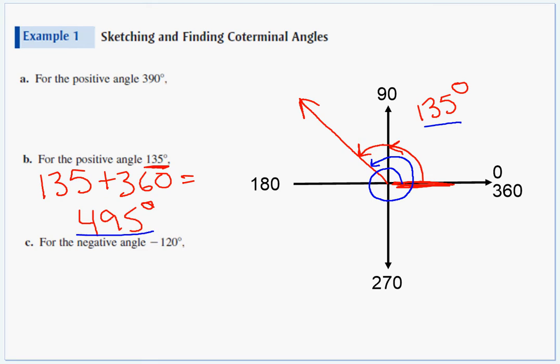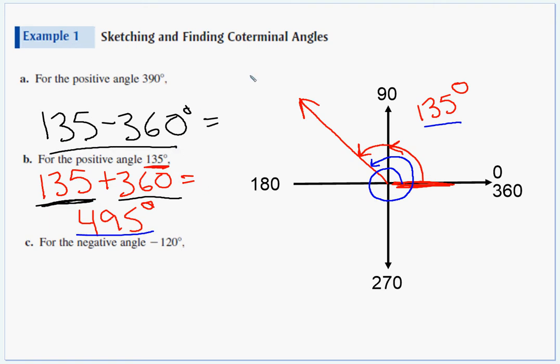Now let's find a negative coterminal. I'm going to switch to black ink. Again, our starting angle was 135 and we added 360 to get a positive coterminal. Here, if we subtract 360, we're going to get a negative coterminal. So 135 minus 360 takes us to negative 225.